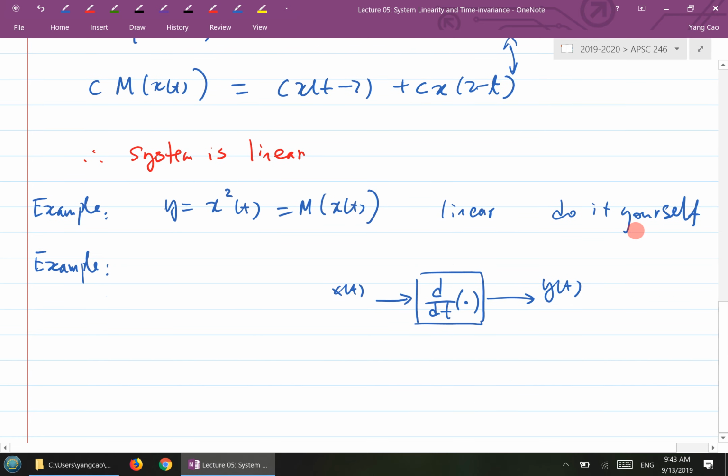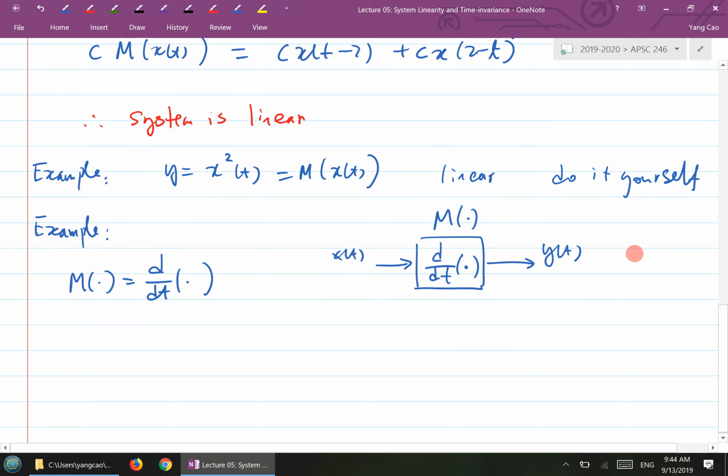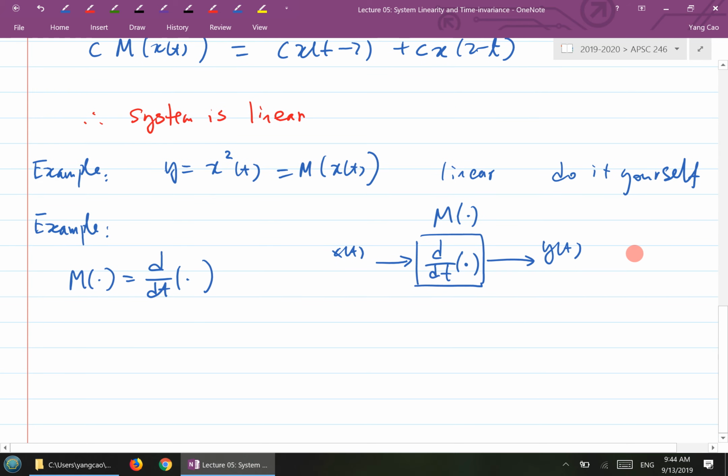The operator here is M, and M here is a differential operator. The question is: is a differential operator a linear system or not? In other words, is this operator a linear operator or a nonlinear operator? So we go through the same thing to verify this linearity.